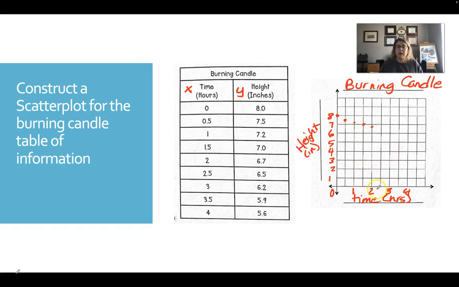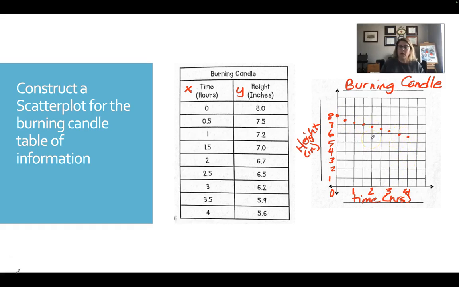At 2.5 hours, we're at 6.5. At 3 hours, we're at 6.2. At 3.5 hours, we're at 5.9. And at 4 hours, we're just a little bit more than half, at 5.6 inches. Okay? So you can see as time goes on, the candle's getting shorter.